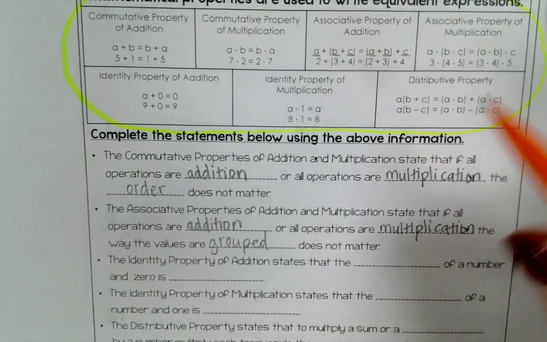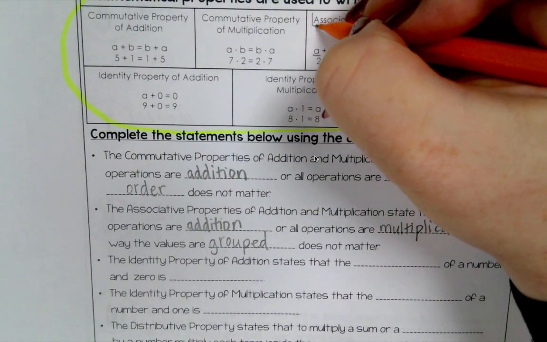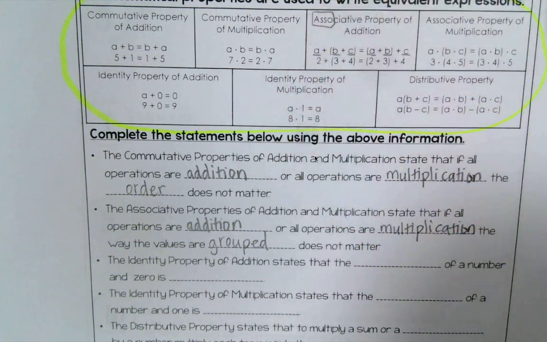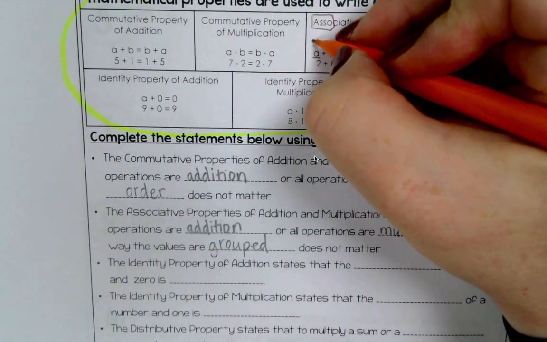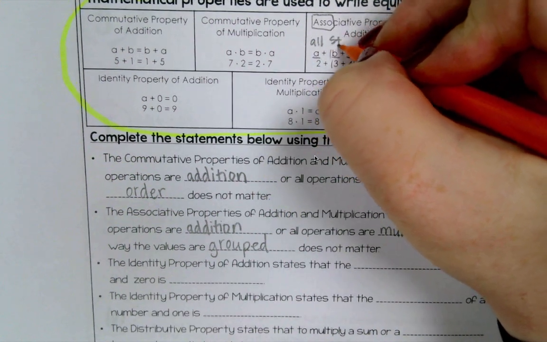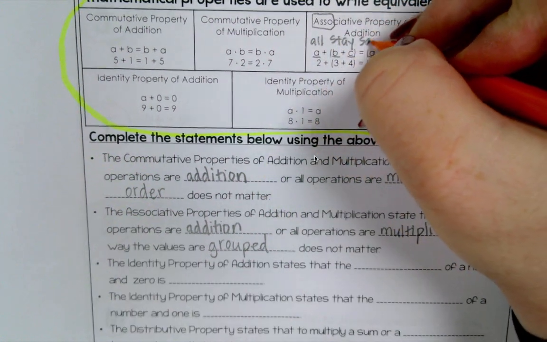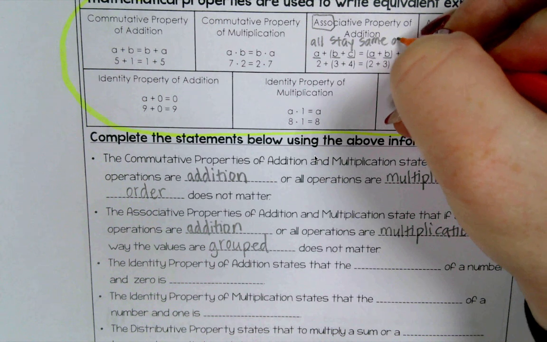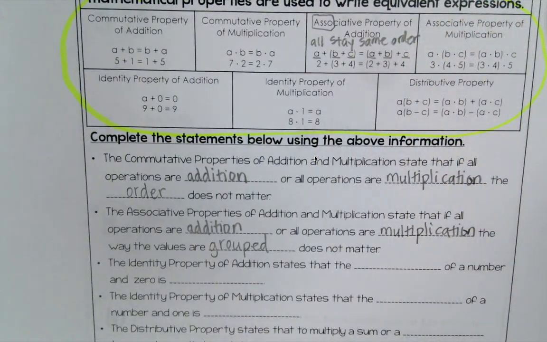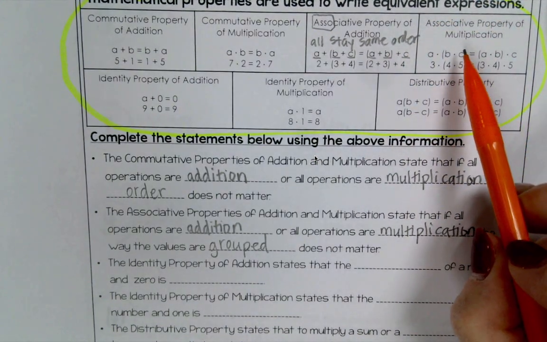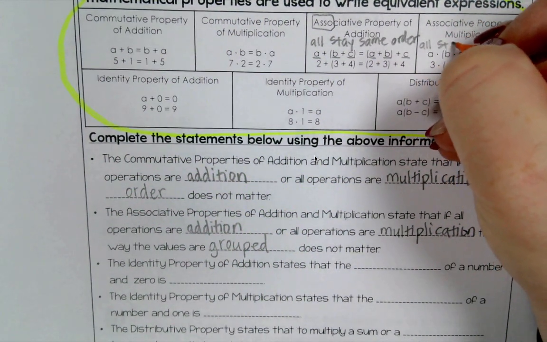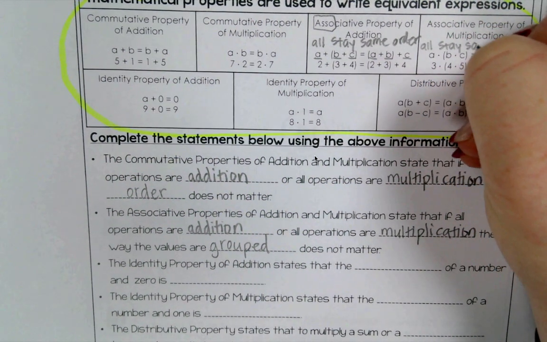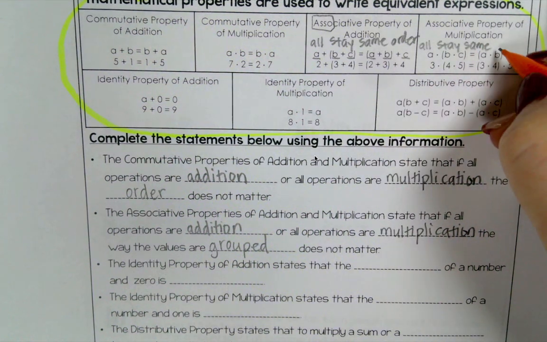For associative, the first four letters, ASSO, I came up with an acronym: all stay same order. Same thing with multiplication: all stay same order.